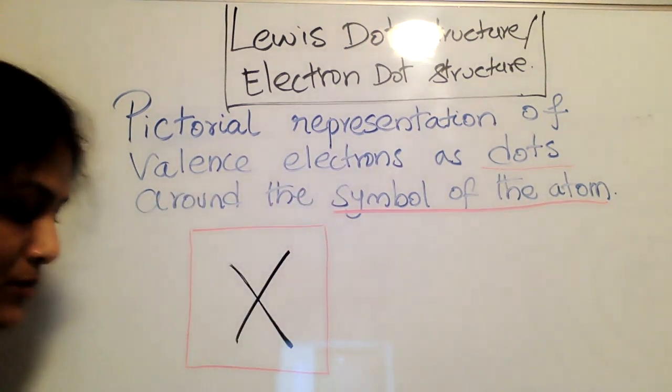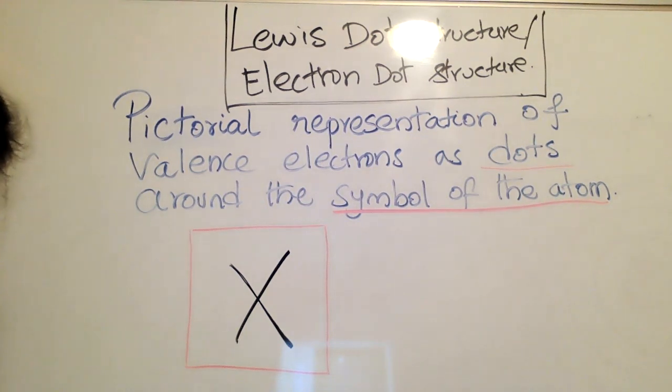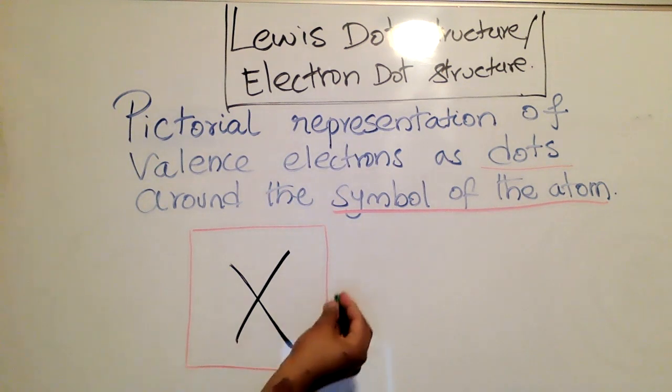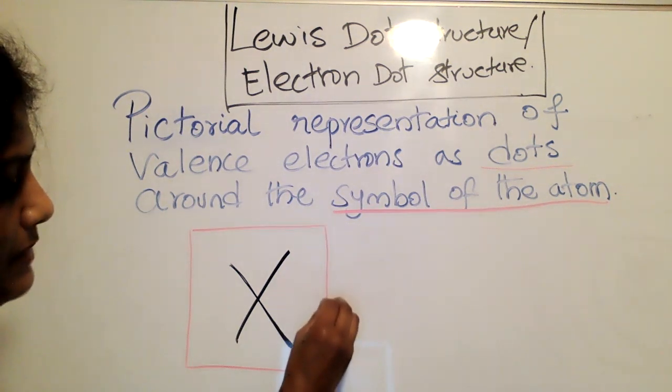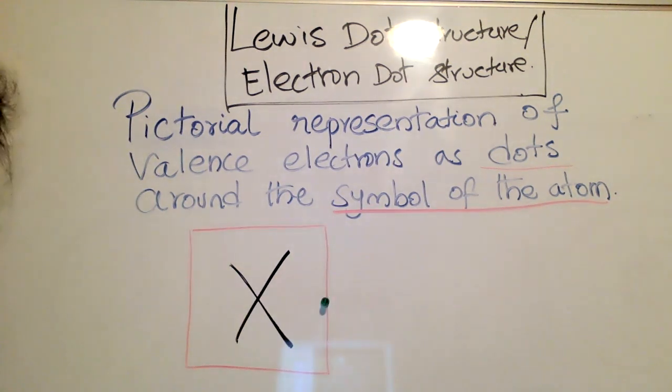Okay, so I'm going to put the first valence electron on any one of the sides. You have left, right, top, and bottom. You can start from any side. I'm going to start with the east. Where should the second valence electron go? Not on the same side, because electrons have the same charge, so they want to stay away from each other.